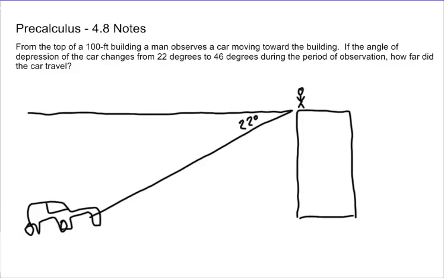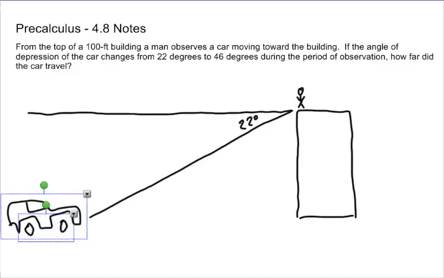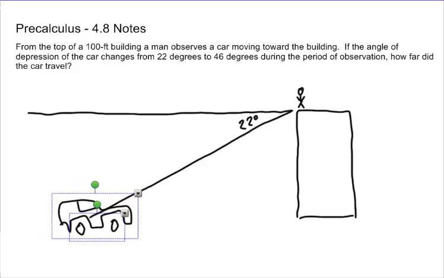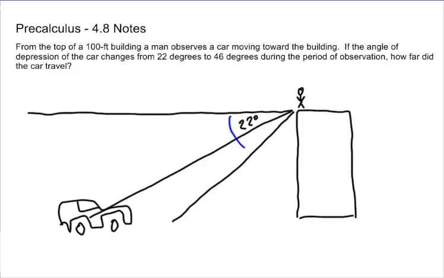And then while he's watching, the car moves. And now when he looks at the car, we've got a 46 degree angle of depression. So 46 for the whole thing, not the little, but the whole.